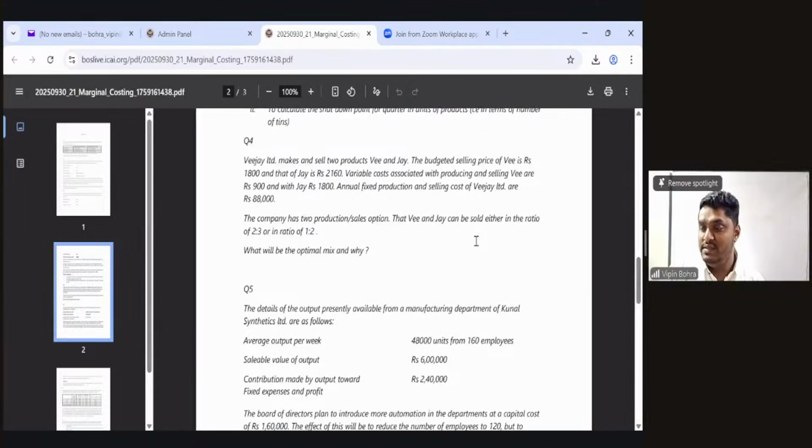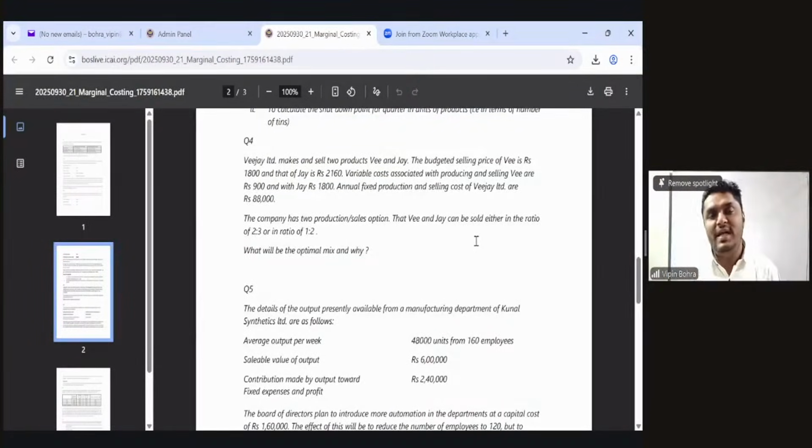Now see, in this question the key point is that the fixed cost is not given separately for the two products. The fixed cost is given as a whole, and the selling price and variable cost of the two products are given separately. So in this case, we will calculate the combined break-even sales and combined PV ratio, and then we will calculate the separate break-even sales for the two products. So let's start.